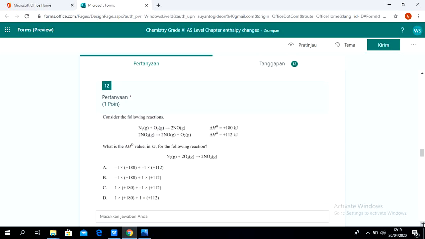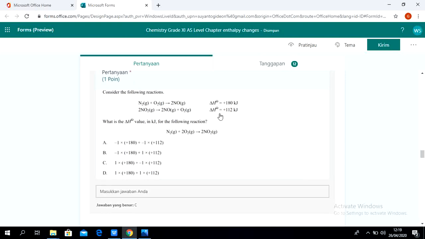This is the question about the reaction between nitrogen and oxygen becoming nitrogen monoxide. This nitrogen dioxide decomposes to become nitrogen monoxide and oxygen gas. The question is asking for the formation of 2 nitrogen dioxide.